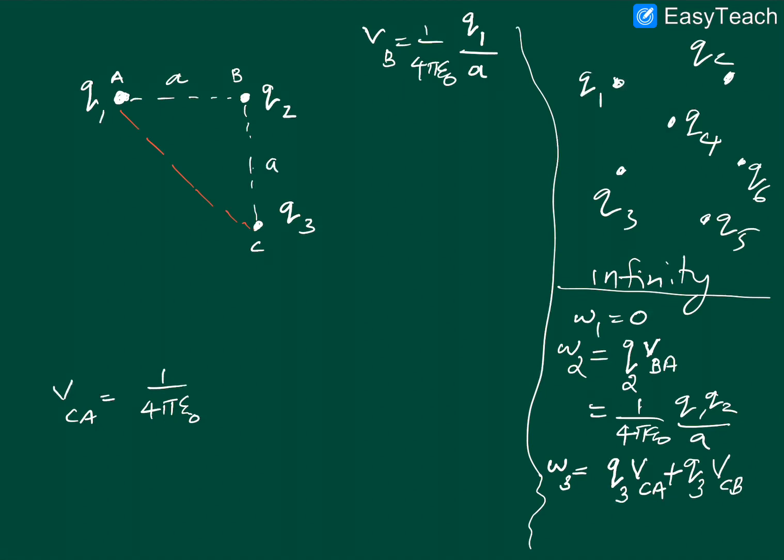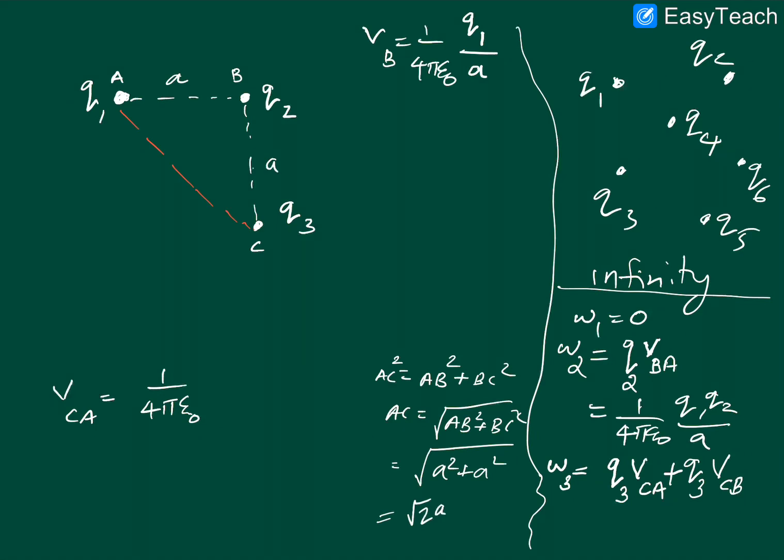You can find AC. AC square is equal to AB square plus BC square, or AC is equal to root of AB square plus BC square. What is AB square? That is A square plus A square, that is 2A square, or that is equal to root 2A. So this distance is root 2A.